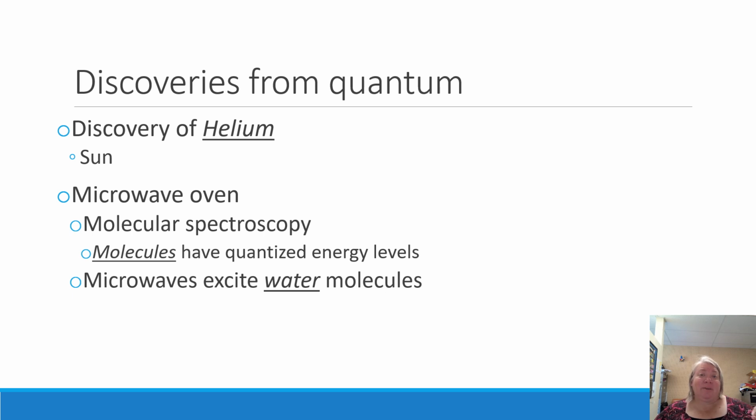Now, how a microwave oven works is that microwaves, and remember that's a type of EM radiation that is longer than visible light and infrared light, but it's a little bit shorter than radio waves. Now, usually microwaves are on the length of a couple centimeters, and it turns out that they're just the right length that they like to excite water molecules.